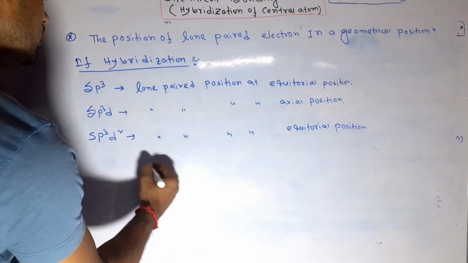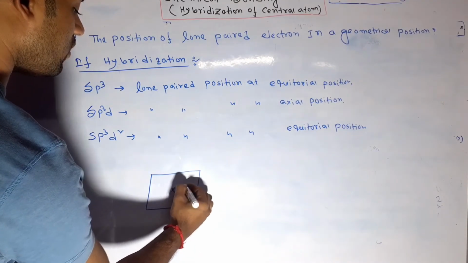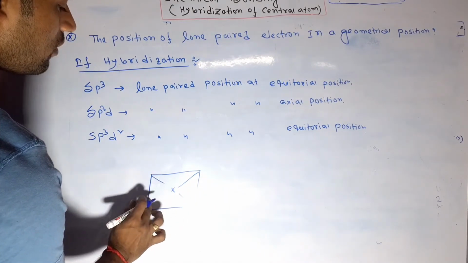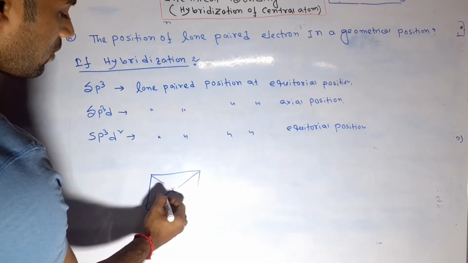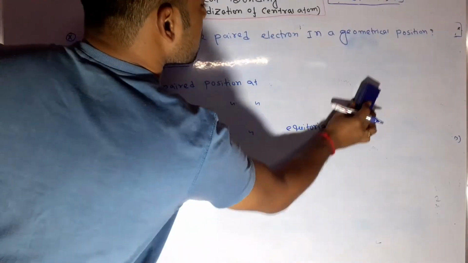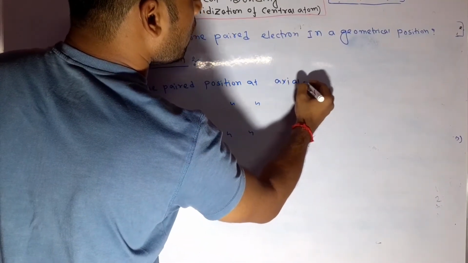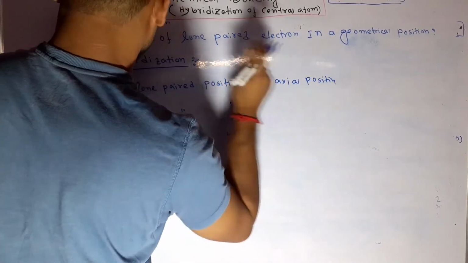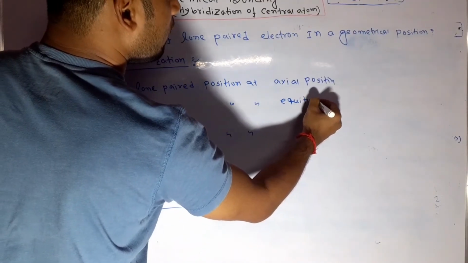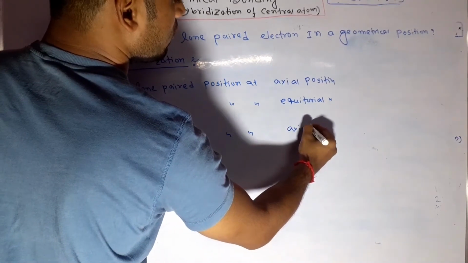For a particular structure, if we draw the octahedral shape, this is the central atom, and these positions are named as follows.